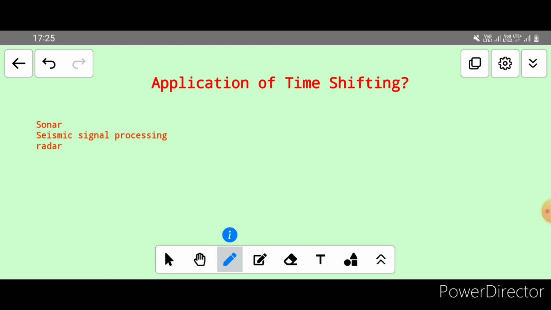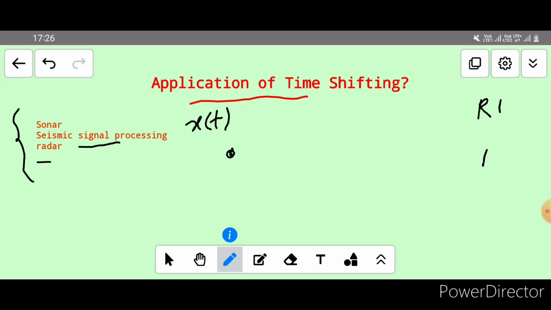Now one question may come to our mind: what is the application of time shifting of signals? Examples are sonar signals, seismic signal processing, and radar. Suppose xt is our signal, and r1, r2 and r3 are different receivers.